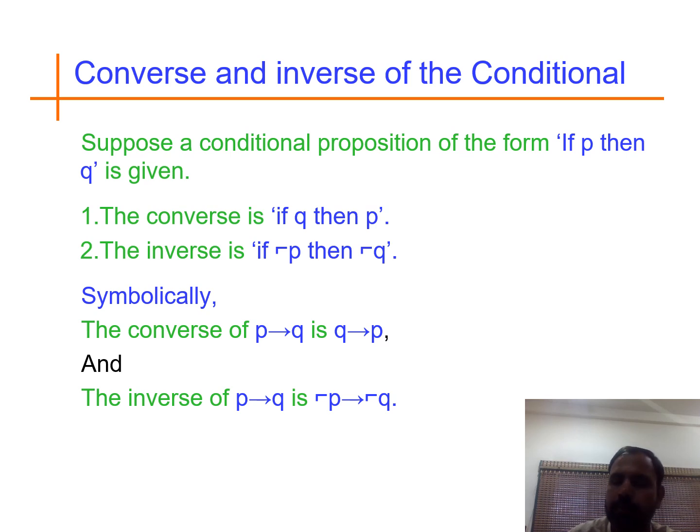The converse is if Q then P. If we give if P then Q, the converse is if Q then P, and the inverse is if negation P then negation Q. This is very logical, and you can understand it deeply. In the inverse, we use negations: negation P then negation Q.